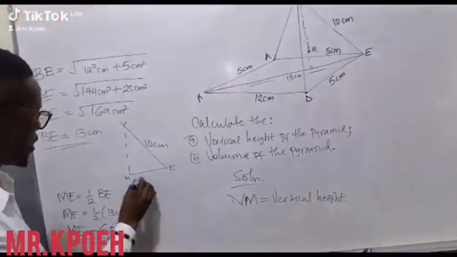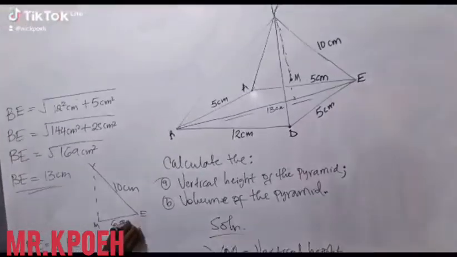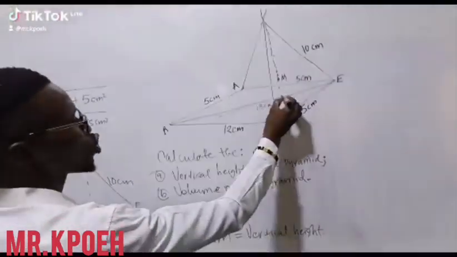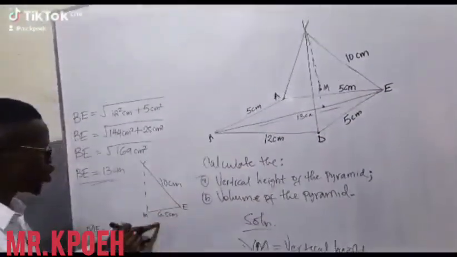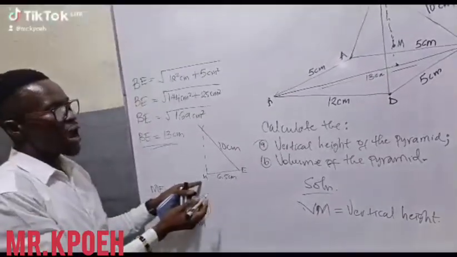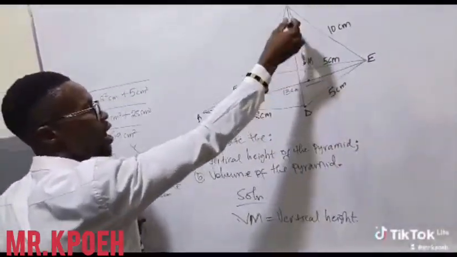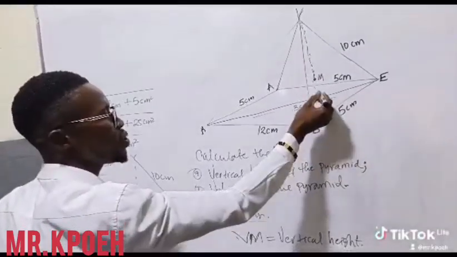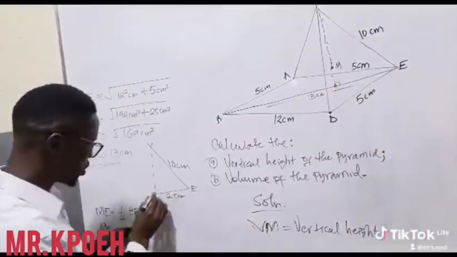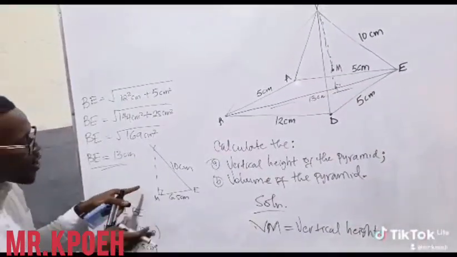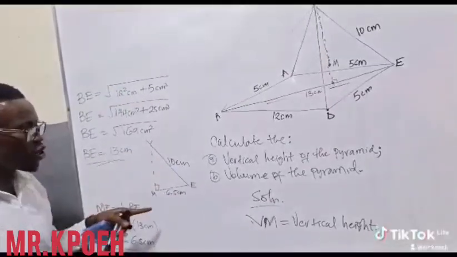Great. So here is 6.5 cm. So this is a right angle triangle as well, because intercepting the line at the perpendicular point means that they create a right angle triangle here, right? So if it is this way, VE is the longest side of the triangle.